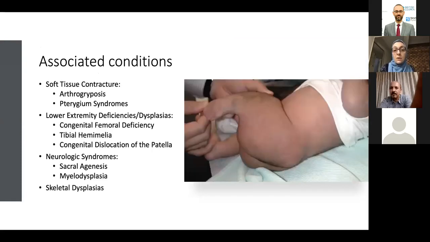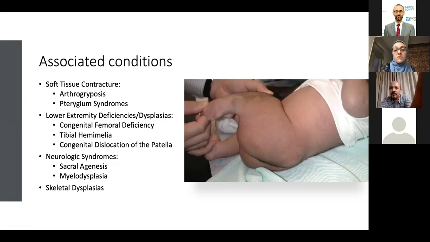Pathological causes of knee flexion contracture include arthrogryposis, pterygium syndromes. The picture we see is a popliteal pterygium, which is a cord-like web of the skin and underlying tissues, preventing any extension of the knee. A very unfortunate problem.